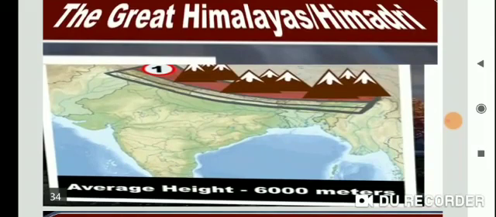The northernmost range is known as the Great or Inner Himalayas, or Himadri. It is the most continuous range of the Himalayas, with an average height of 6000 meters, and it contains all the prominent Himalayan peaks like Mount Everest, Kanchenjunga, etc.